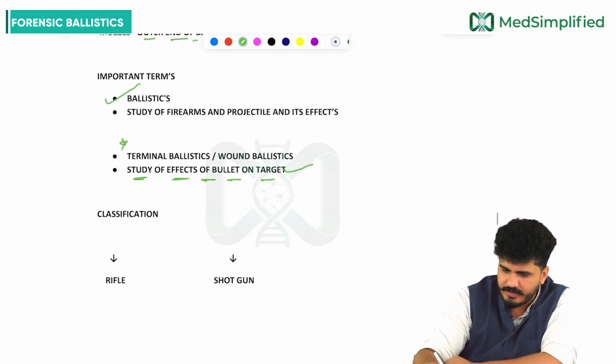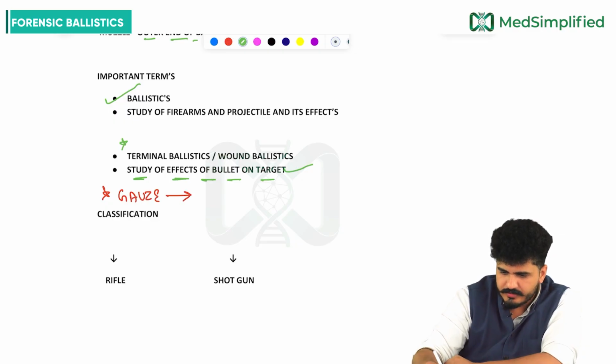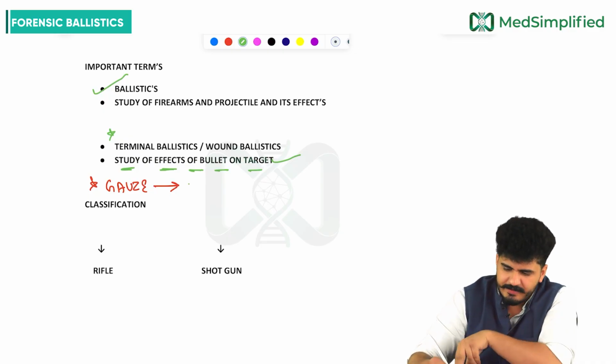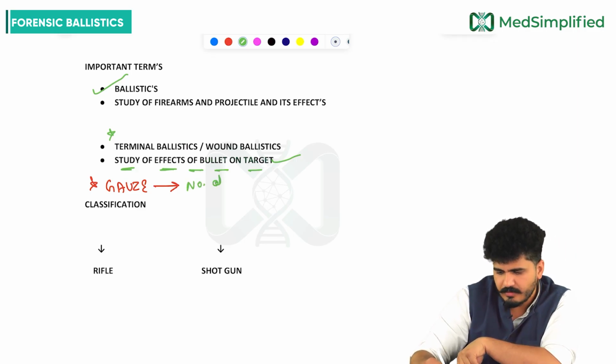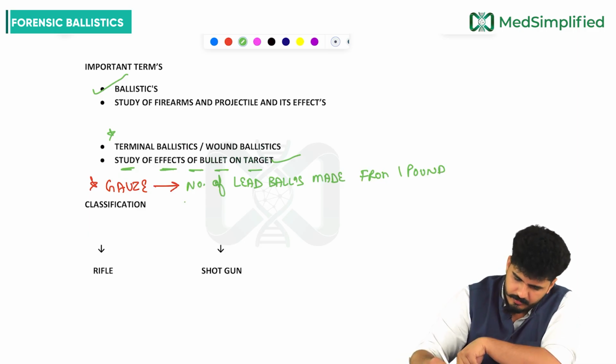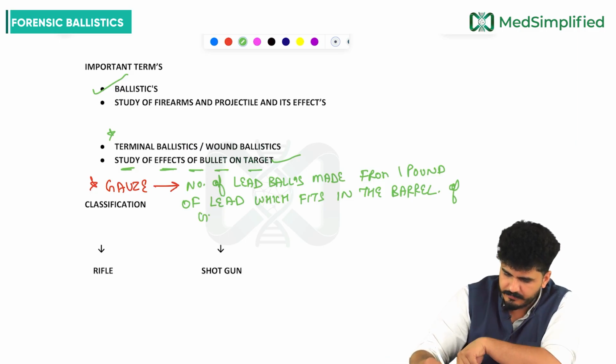Before classification, let me add one more point. What is gauge? Gauge is decided by how much bore there is, based on the number of lead balls made from 1 pound of lead which fit in the barrel of the gun.